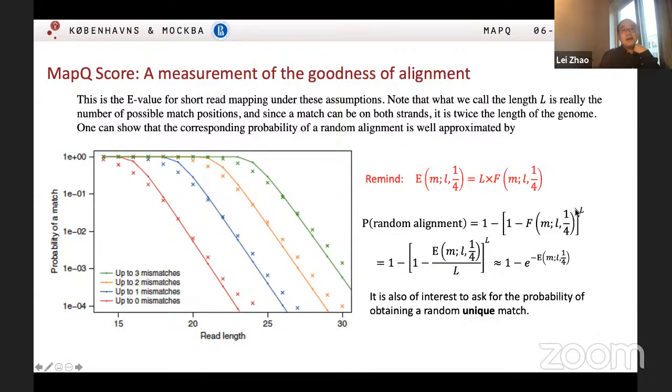If you go along the whole genome, this will be the probability that this short read cannot map to any of the positions along the genome. So 1 minus this probability is, for a specific short read, the probability it can map to at least one position along the genome.